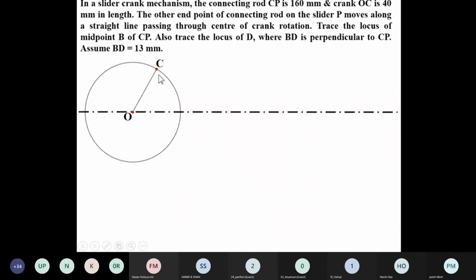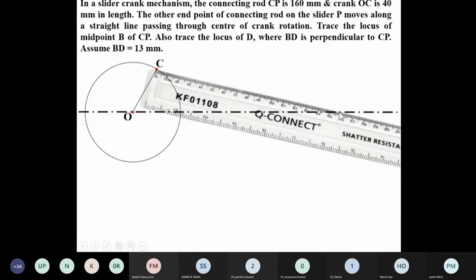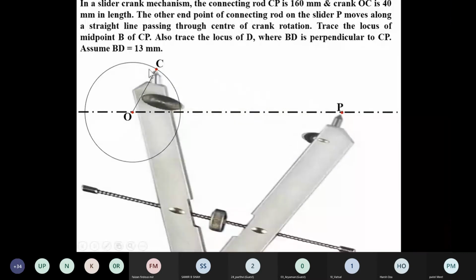If possible, take the angle in that way that it may be 30, 60, 90, 120, so it is easy for you to complete the mechanism in a very proper way. Now, after point C, you are getting 160 mm. So on that line, the OP line, you create point P with the help of a compass. With the help of the compass, you put C as the center and mark an arc for P. So you are creating the point. Join CP with the scale.